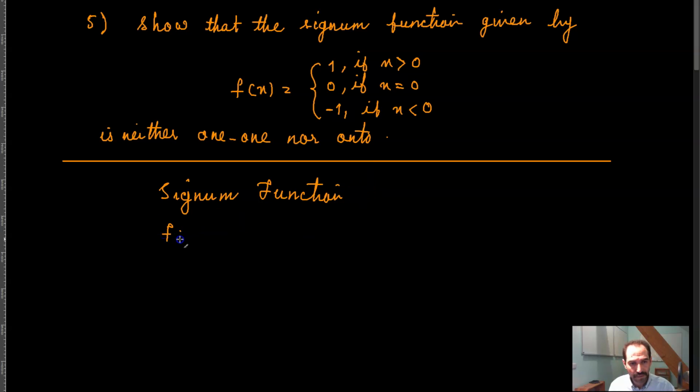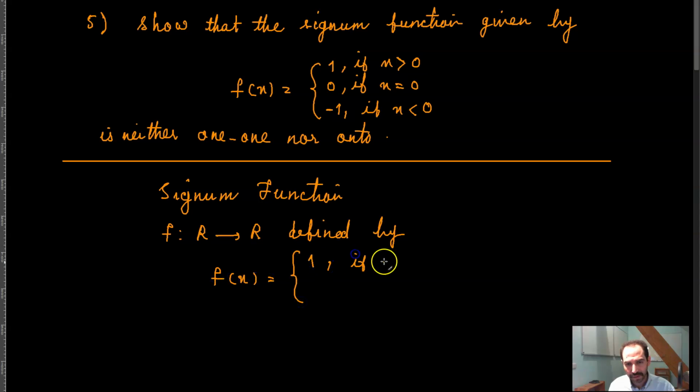It's a function f from R to R, and it's defined by f of x is equal to 1 if x is greater than 0, 0 if x is equal to 0, and -1 if x is less than 0.